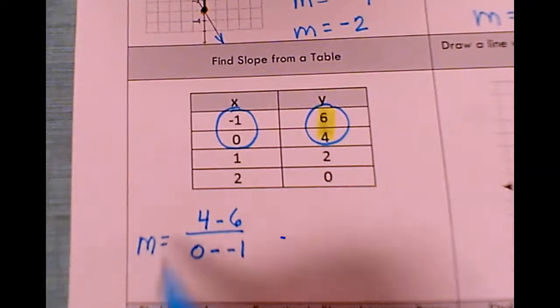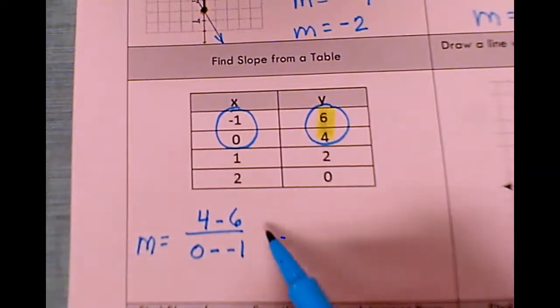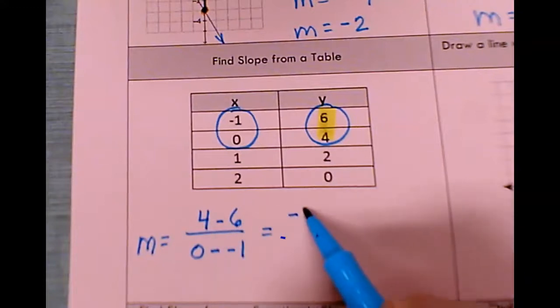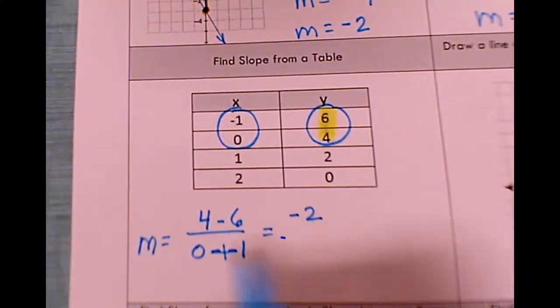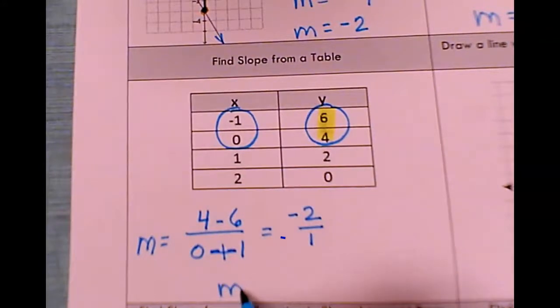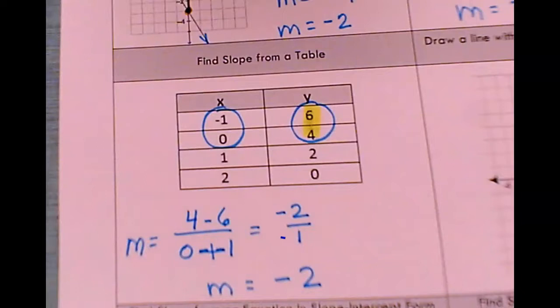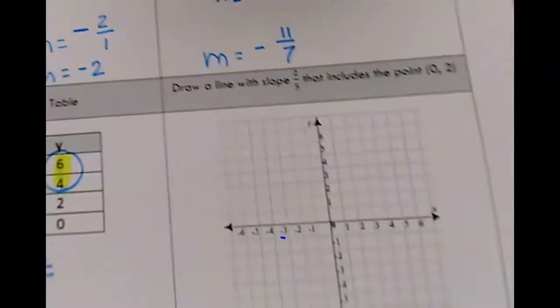That's what my slope is, using the formula we just wrote down. So those would be a -2 minus a minus would make a plus. So the slope for this table would be -2. Now, if you don't know for sure that it's a linear table, you could check out some additional points. But this is a linear table.